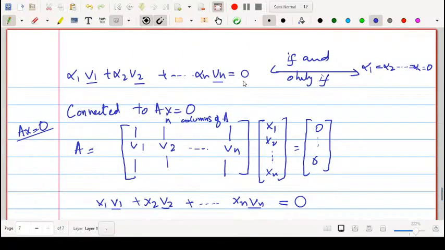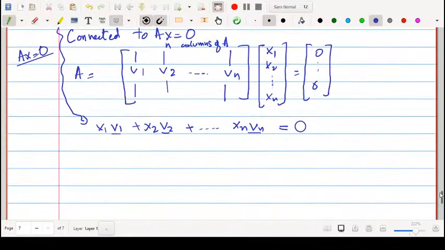And that's something that we just talked about, right? This is a linear combination of the columns of A being equal to 0. This was a linear combination of some vectors v1 to vn equal to 0. And we said that this is 0 if and only if all these scalars are 0.